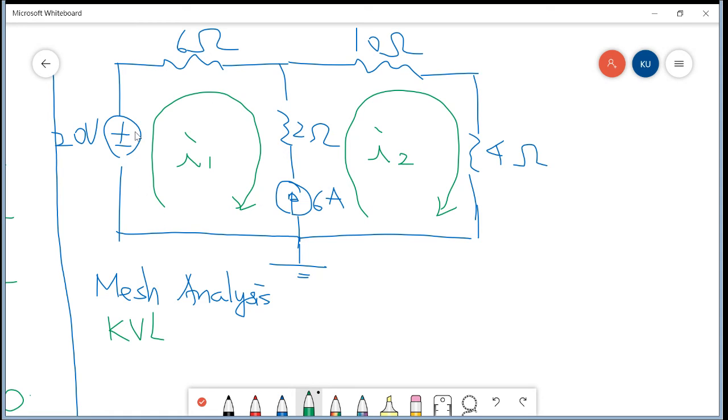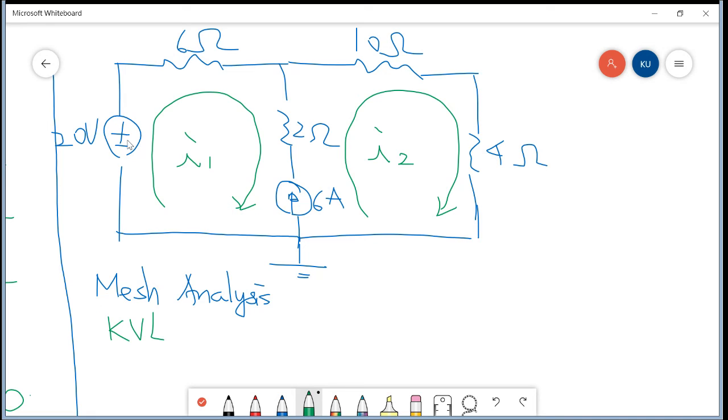Then it turns out for the whole loop, the voltage difference should be 0, because it's the same point, so there shouldn't be any voltage difference. So the overall voltage changes should be 0 over a complete loop.